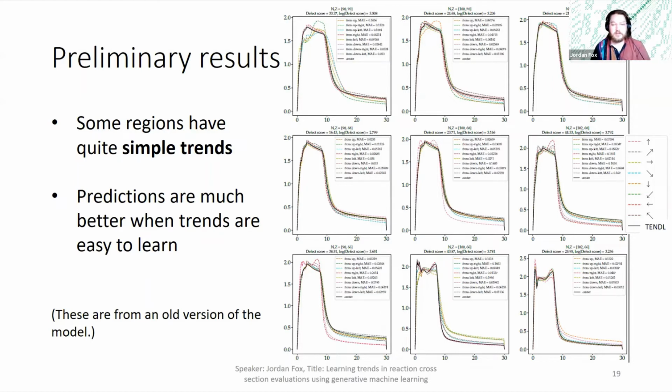But so here on the right, this is another 3x3 region of the chart. For each of these subplots, the correct cross-section data is plotted in black in a solid line. And each of these colored dashed lines corresponds to a prediction from a generator. And you can see the arrows indicating the generator direction in the legend over on the right. So basically, the predictions are just coming from the direct neighbors.